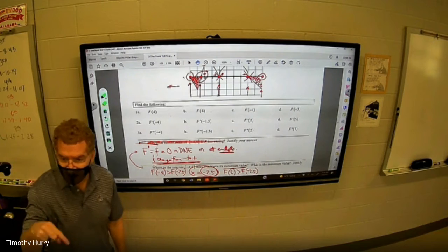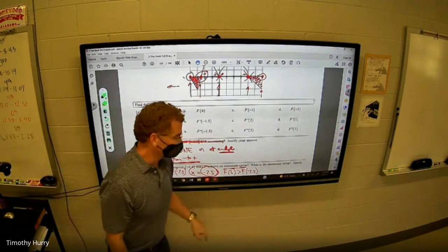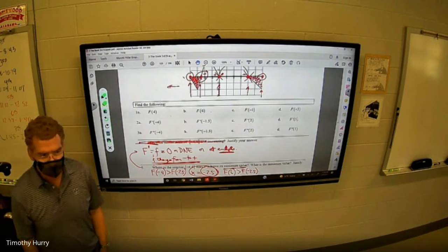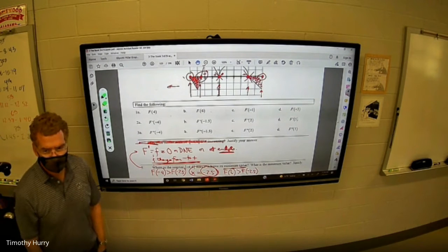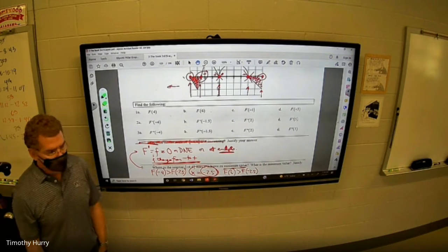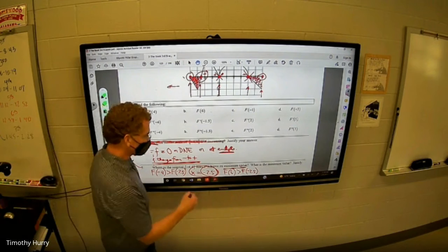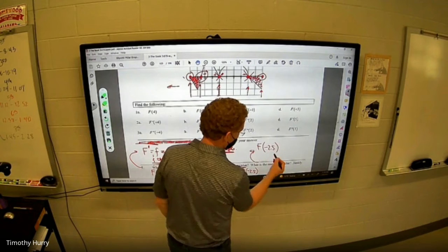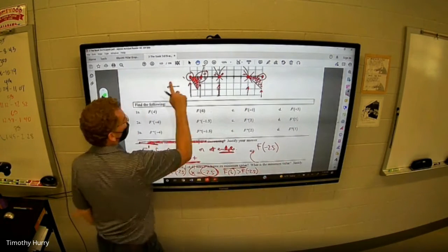Now, what is the actual min? What do I have to do to find that min of F? How do I find any min when I know the x value? Plug it back in the function. So what is big F of negative 2.5? What would I have to do?